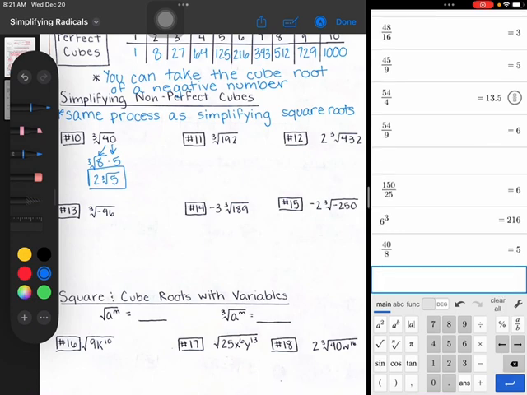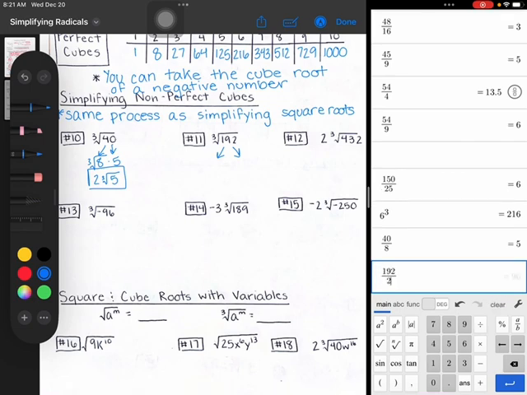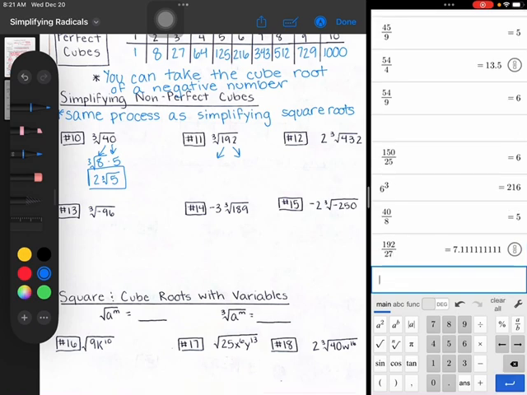So let's look at 192 next. For 192, I'm not super sure what numbers go into it, so I'm going to start by just trying 27. 192 divided by 27 gives me a decimal, so not that one.